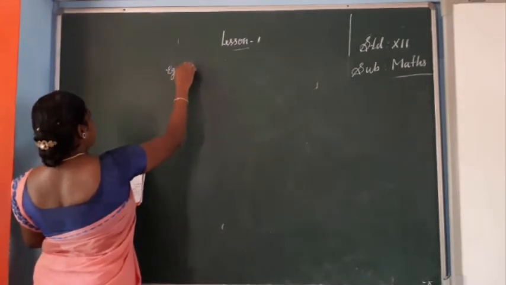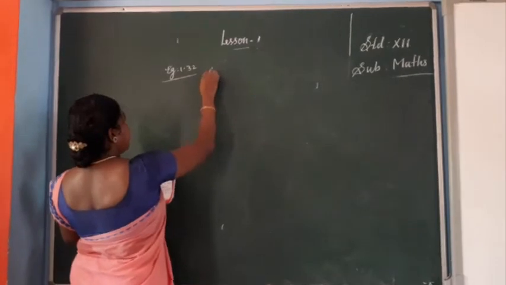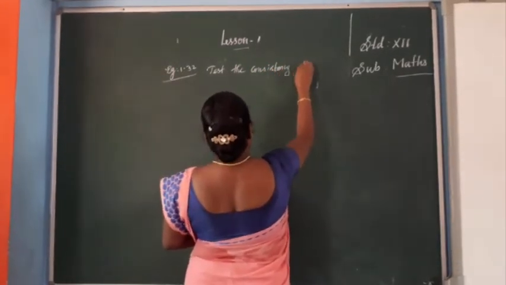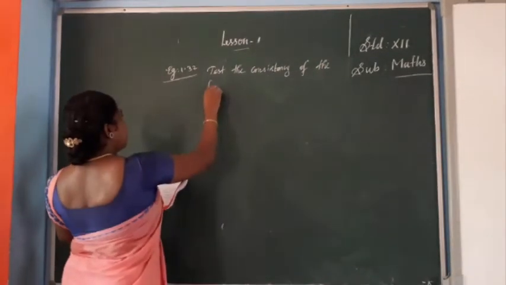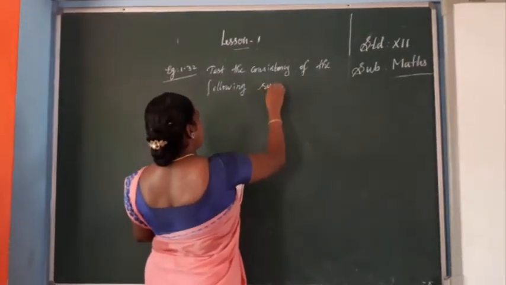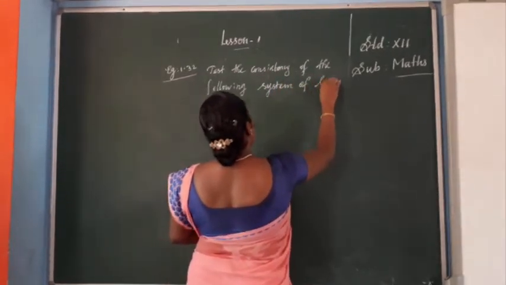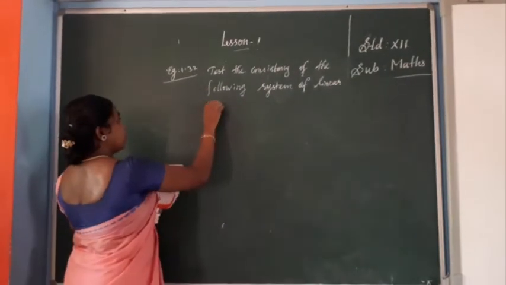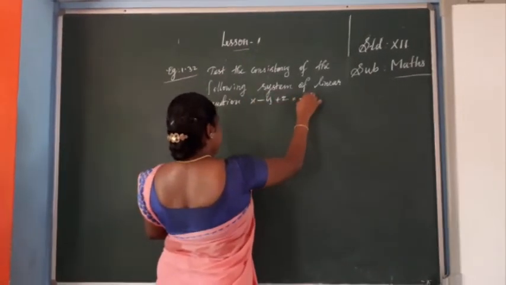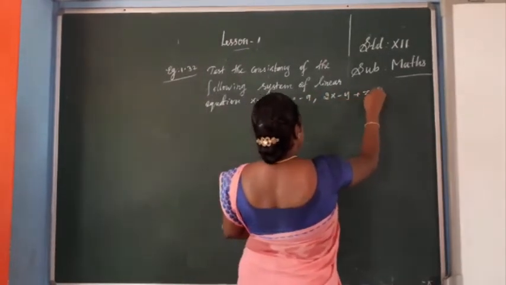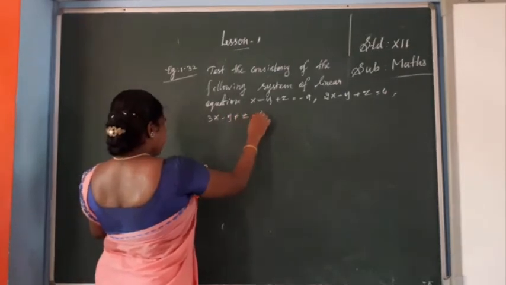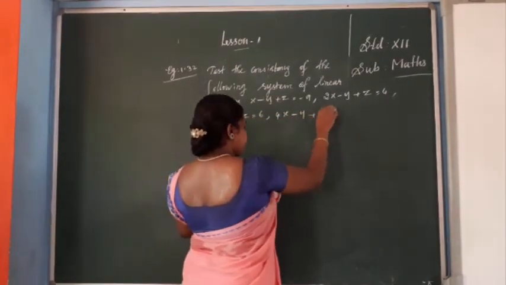Example 1.32. Test the consistency of the solutions. x minus y plus z equal to minus 9, 2x minus y plus z equal to 4, 3x minus y plus z equal to 6, 4x minus y plus 2z equal to 7.